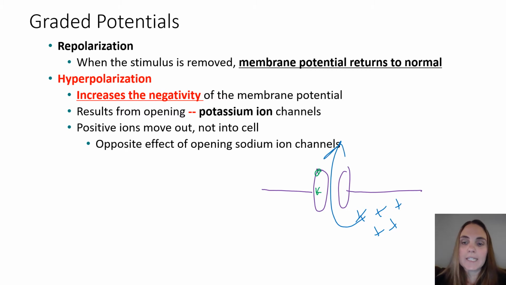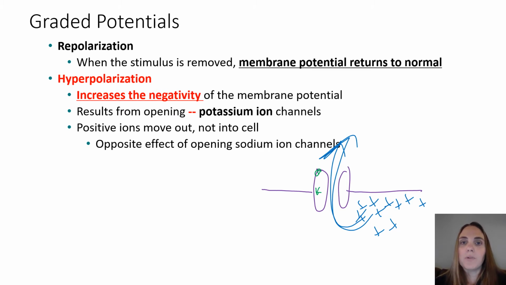Because remember, potassium exits. We throw out our bananas. So all these positive charges that were inside up against that plasma membrane are going to be lost as they flow out of the cell. And so that loss of those positive ions is going to increase the negativity of that resting membrane potential.